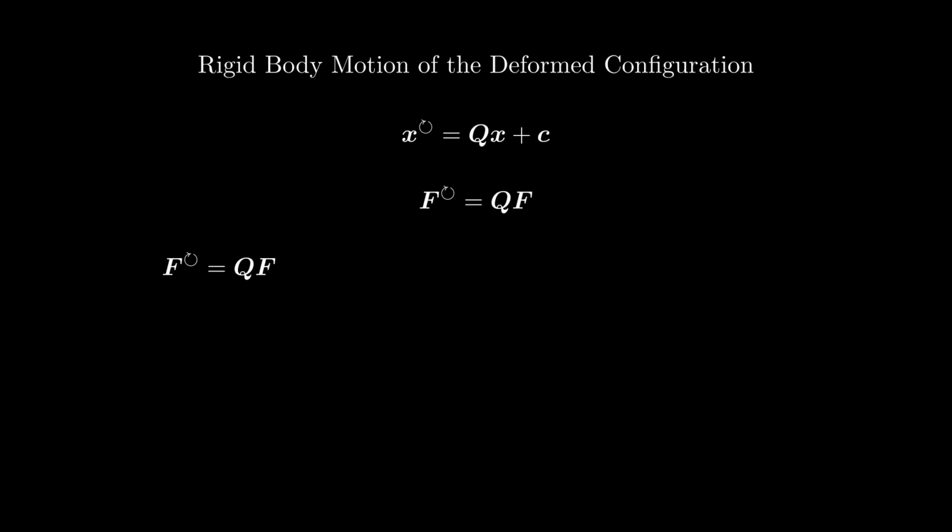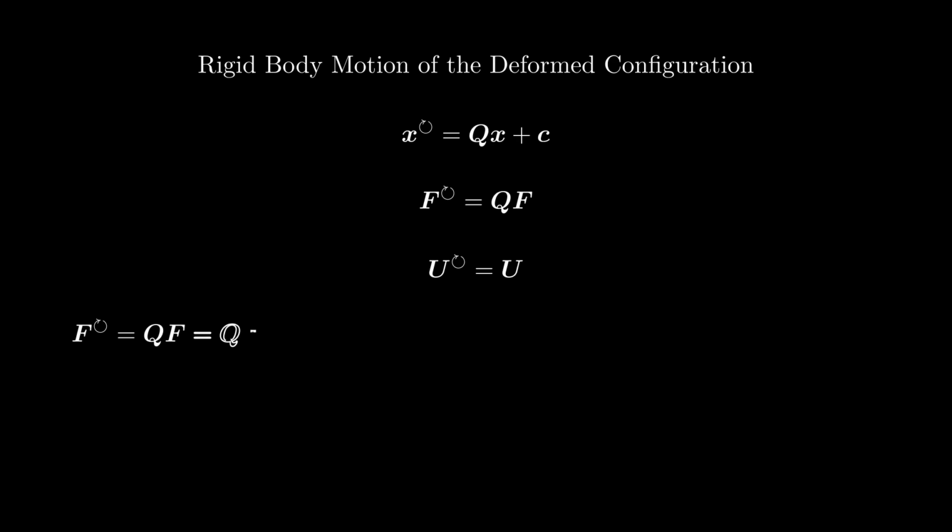Let's substitute the right polar decomposition of F. We obtain Q times R times U. Eventually we want to decompose F arrow into a pure rotation matrix R arrow and a pure deformation matrix U arrow. This is straightforward if we set R arrow equal to Q times R and U arrow equal to U. We see now that the right stretch tensor U does not change when we apply a rigid body motion to the already deformed object. So let's try the same for the left stretch tensor V.